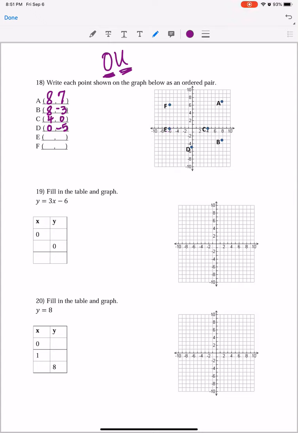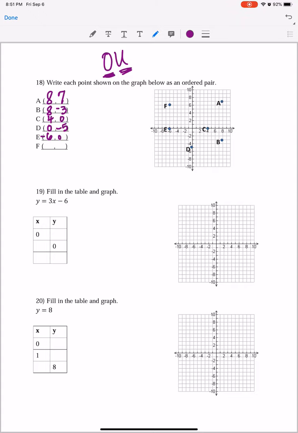E right here, I went 1, 2, 3, 4, 5, 6 over side to side, and since it is to the left and negative, it's a negative 6. And then because this is on the x-axis, that means I didn't go up nor down, so 0.